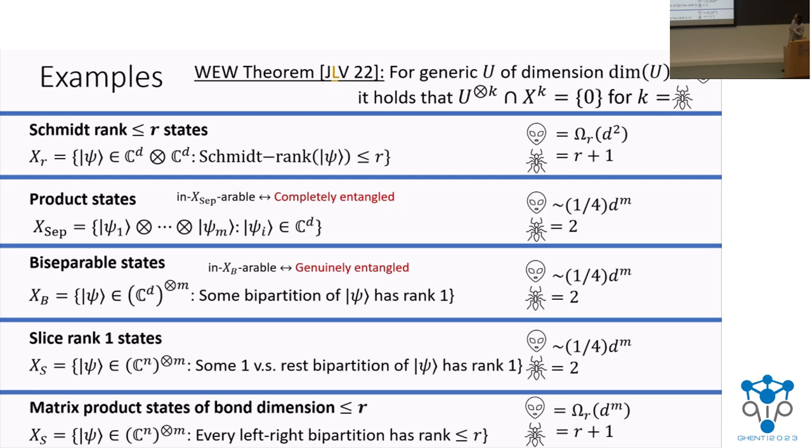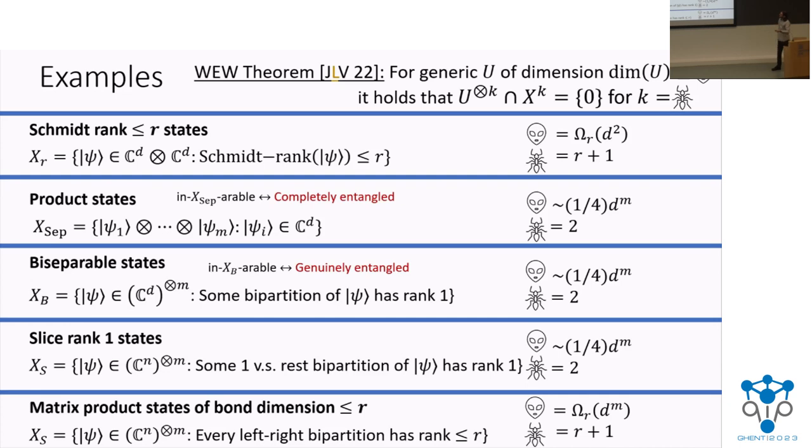For a generic subspace U of dimension less than or equal to the bound shown, our algorithm certifies that notion of entanglement at the stated level. So, for example, for Schmidt rank less than or equal to R states, if that's our notion of non-entangled, our algorithm already at the R plus first level can certify entanglement of a generic subspace of dimension a constant multiple of the total Hilbert space dimension.